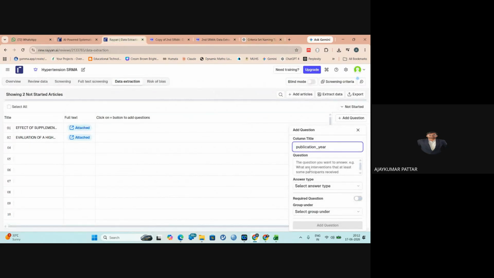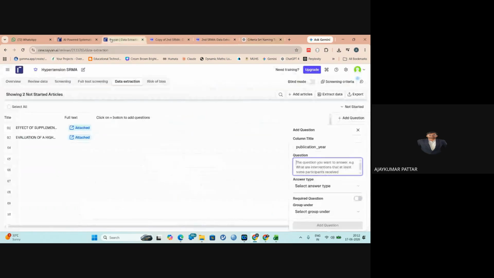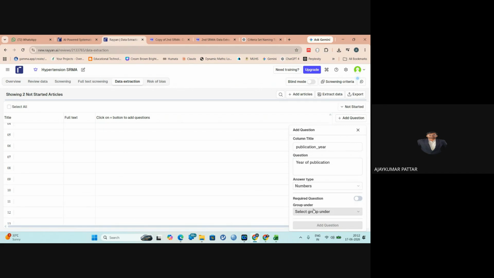Column, I want publication year. What is there? Year of publication we need. Question, select answer type: numbers, as publication year is numbers. Select group under. This one is not showing.